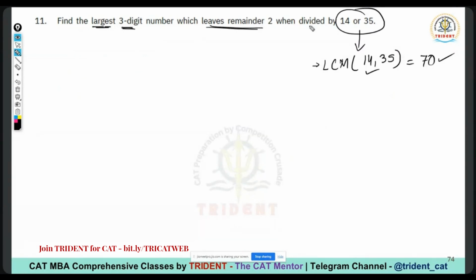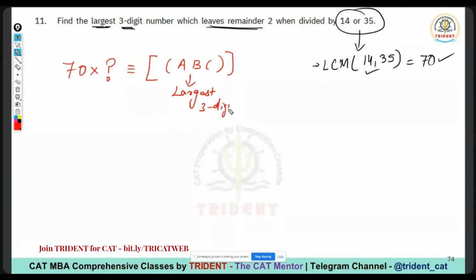So 70n plus 2 should be equal to a three-digit number, let's say ABC, and this is the largest three-digit number.